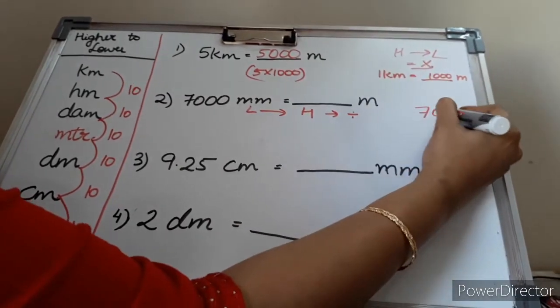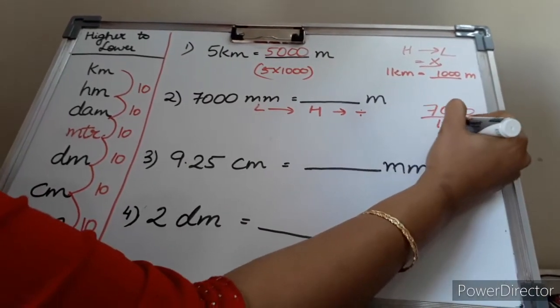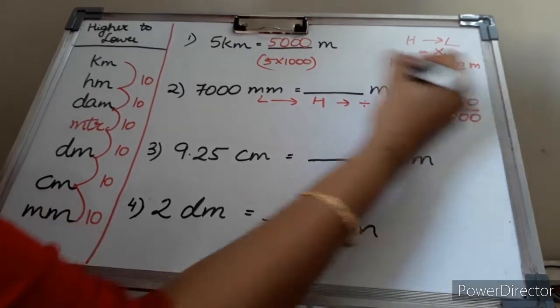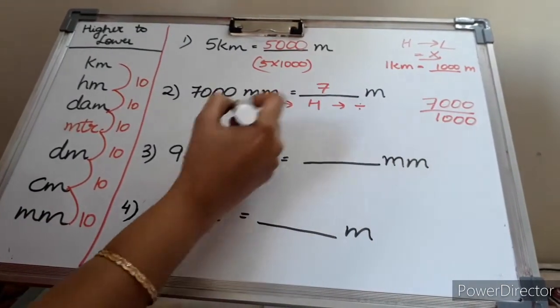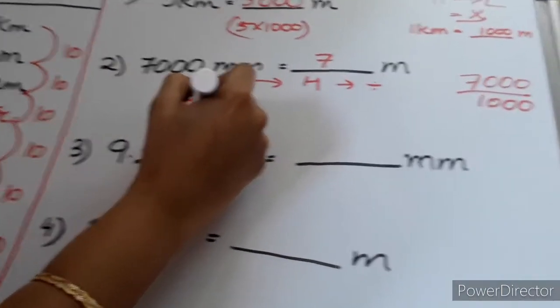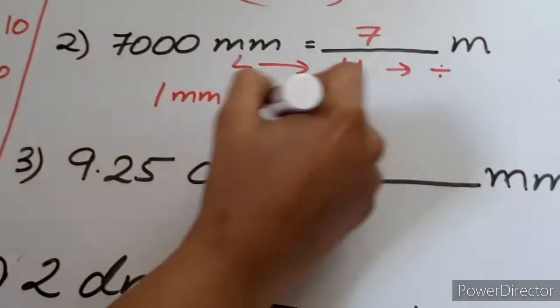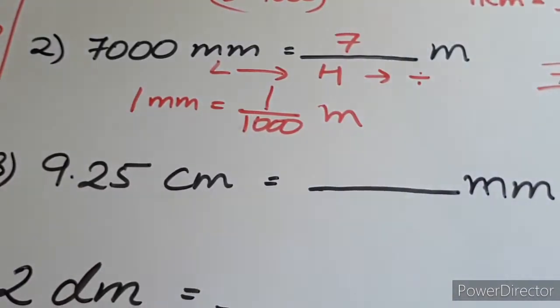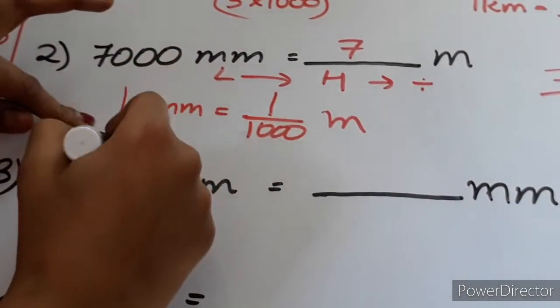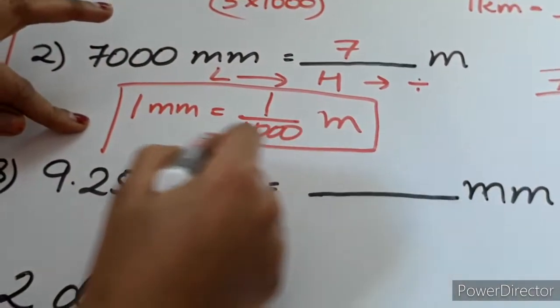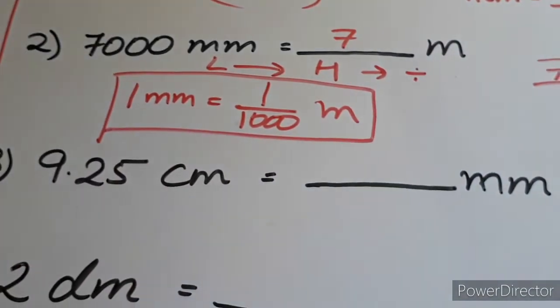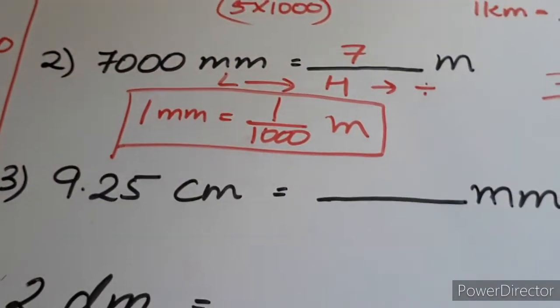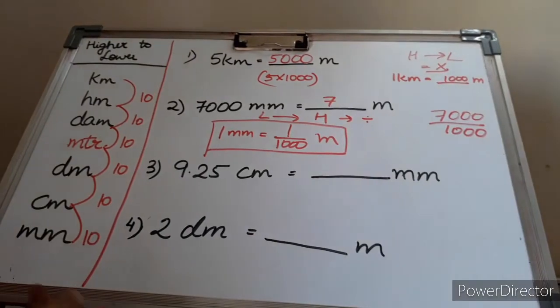So 7,000 divided by 1,000 is how much? 7 meter. What will we write? 1 millimeter is equal to 1 by 1,000 meter. So this is the conversion value. Don't get confused. We just have to remember the chart and the difference of 10, 10, 10 by each step.